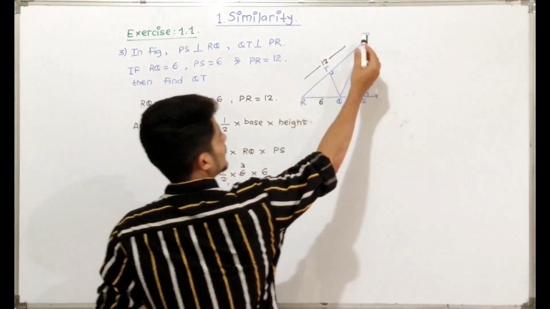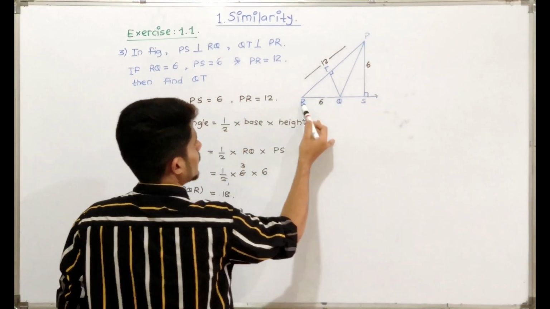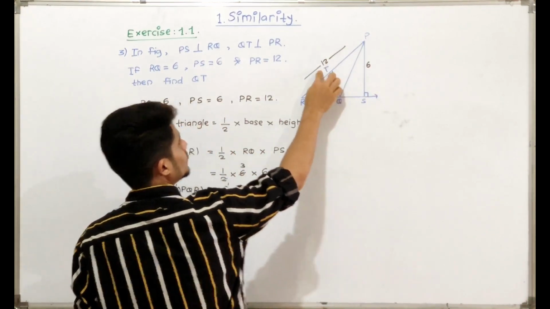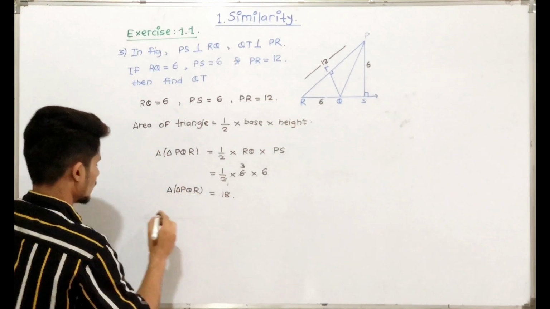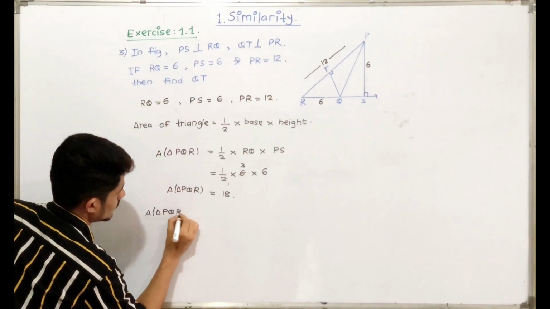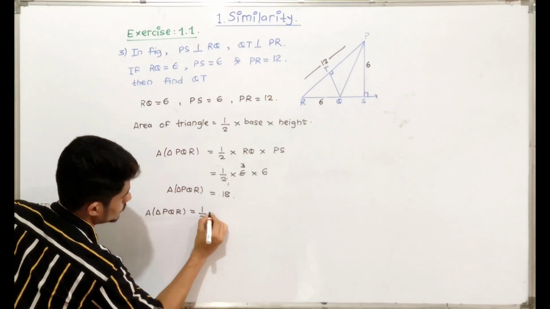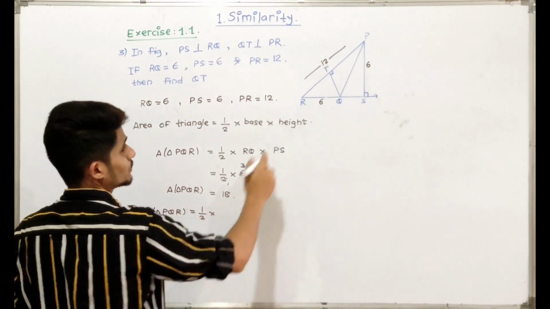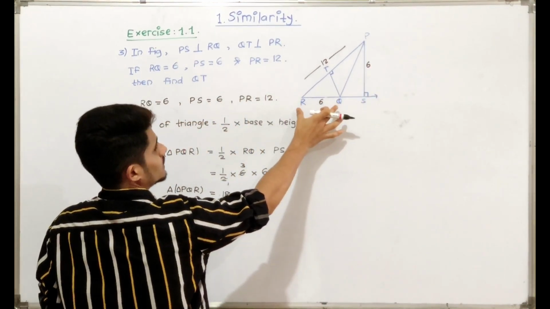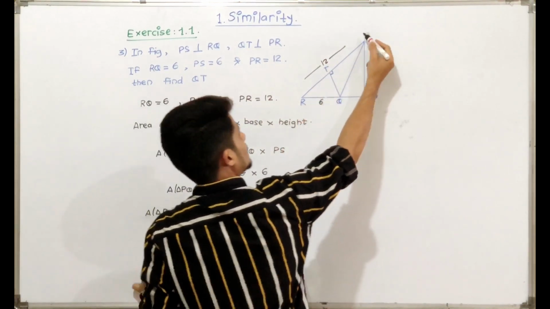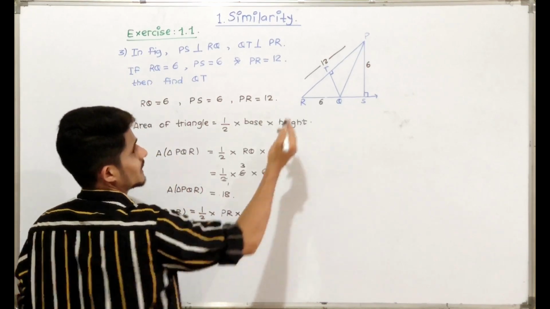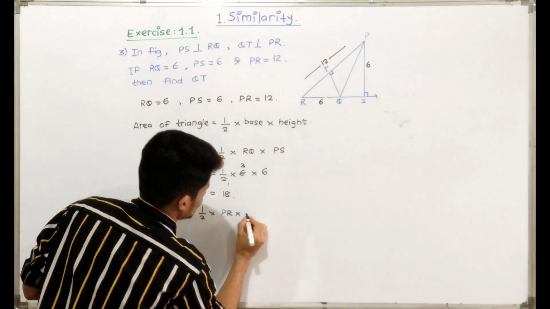Also, if we take the area of triangle PQR, we can take base as PR and height as QT. Again, area of triangle PQR is half into base into height. Previously we took base as RQ, now we'll take base as PR and height as QT.